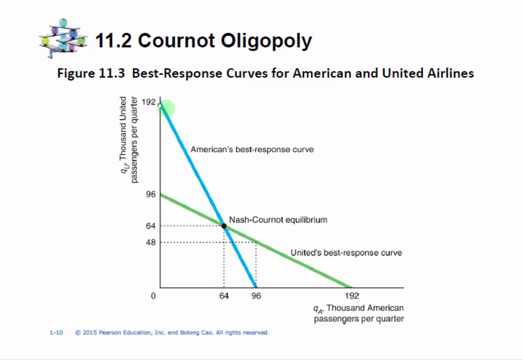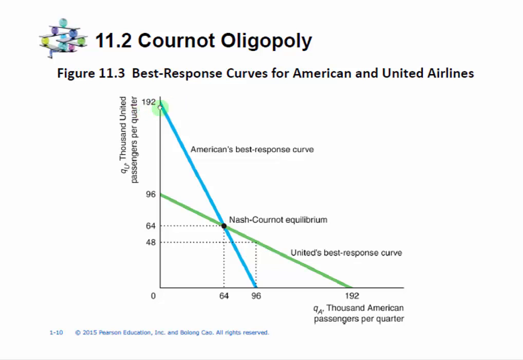Finally, if QU is produced at 192, which is the quantity supplied at a price equal to the marginal cost of 147. So if you use 339 minus 147, price equal to the marginal cost, we will get 192.